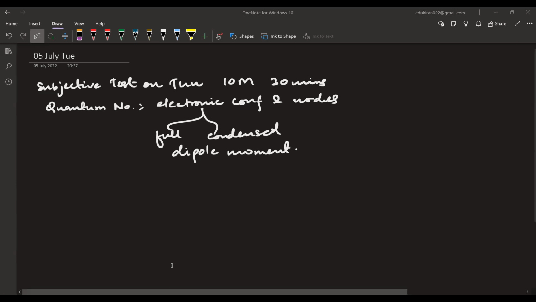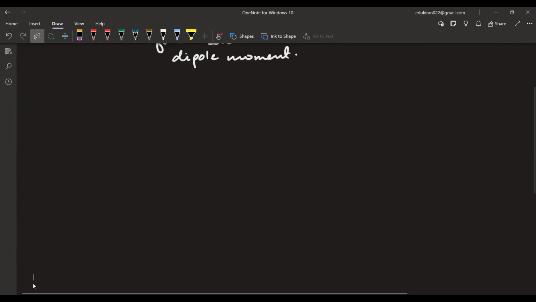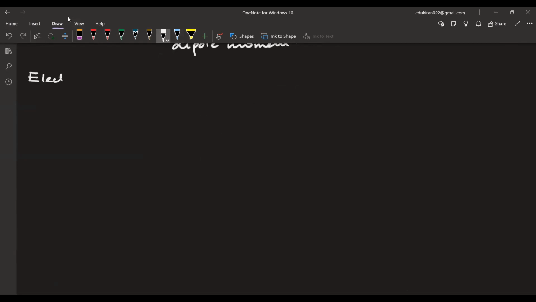So till now we have learned different things. There is one topic. Please write that topic here, which is electronic configuration of ions.